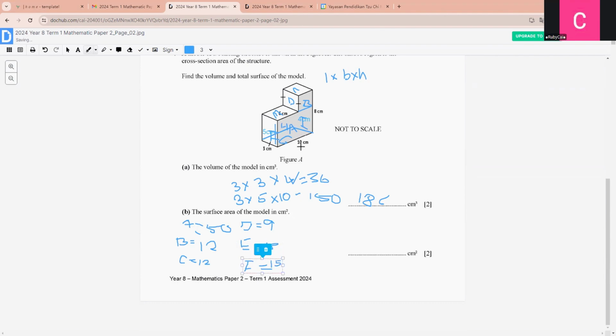G is 3 cm multiplied by 10 cm, which is 30. H is the same as A plus B, so 62.